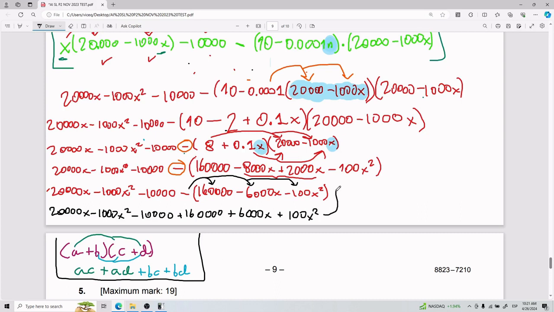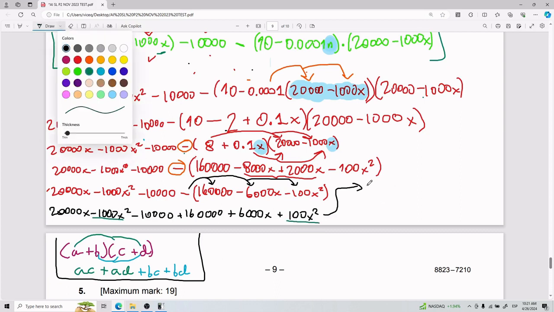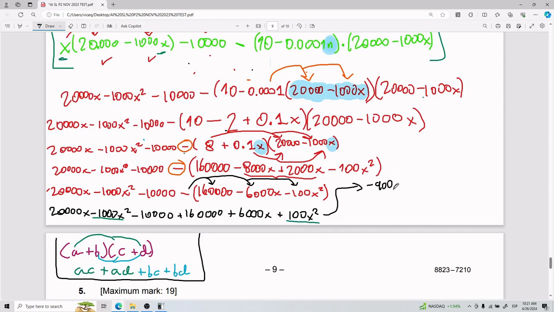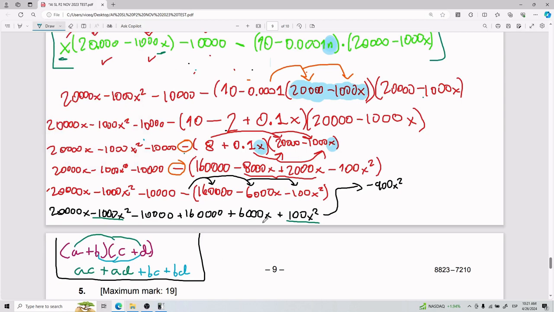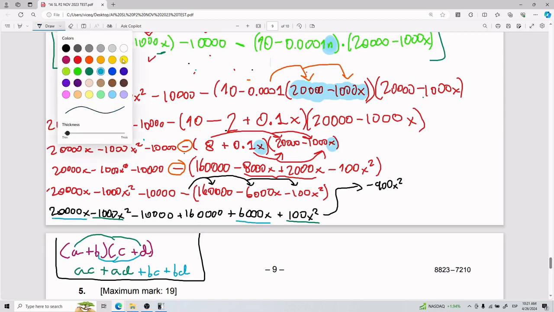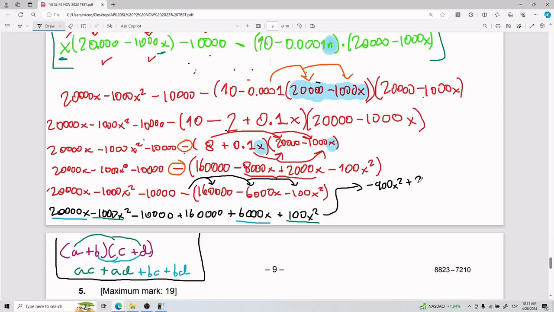And so if you combine everything from here, if you do, for example, this with this, right, you're going to end up with negative 900x squared. If you now focus on just the x's, you would be thinking like this one with this one, right? And that is going to end up being plus 26,000x.